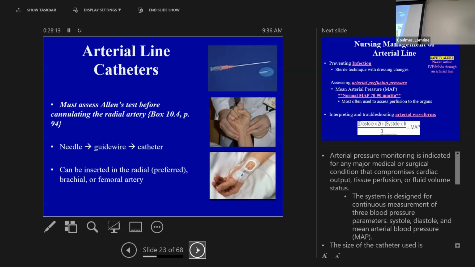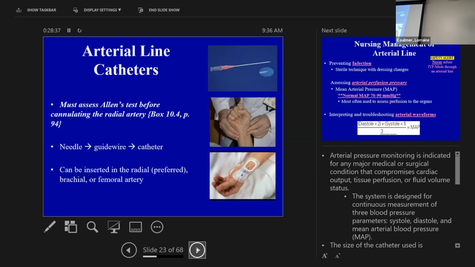So if you look at the patient on the bottom, on his hand, there's going to be a transparent dressing. You should always look at that site. Always. And you should always do your 6 P's. How does that hand feel? Is it cold? Is it warm? Is there capillary refill? How are those 6 P's? Remember those 6 P's we made you memorize?